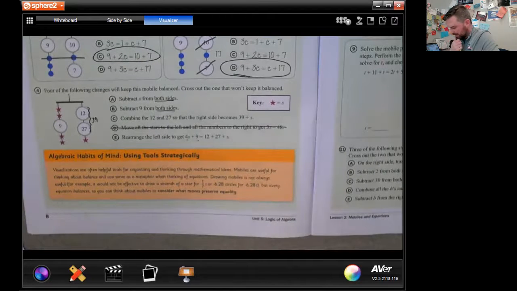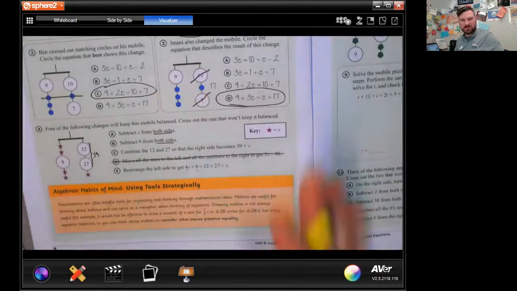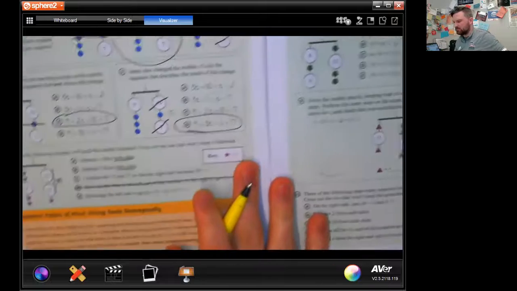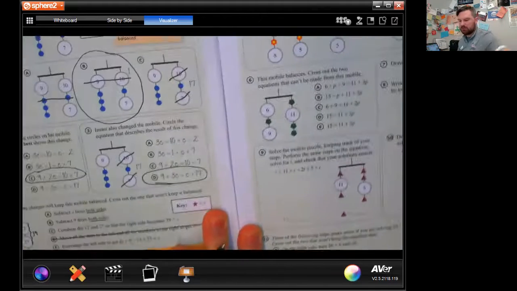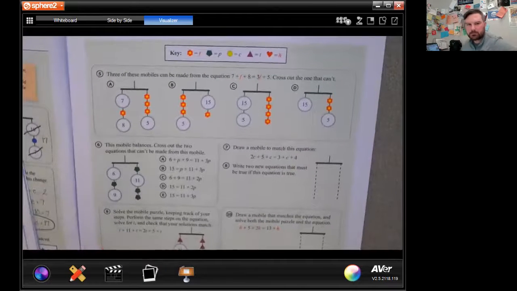But every equation balances, so you can think of the mobiles and consider what moves preserve equality. Okay. So kind of like here, they've got bubbles with numbers in them. You can do that with decimals and those kinds of things to help you out. But again, mobiles are useful, but not necessarily the best use in every situation.